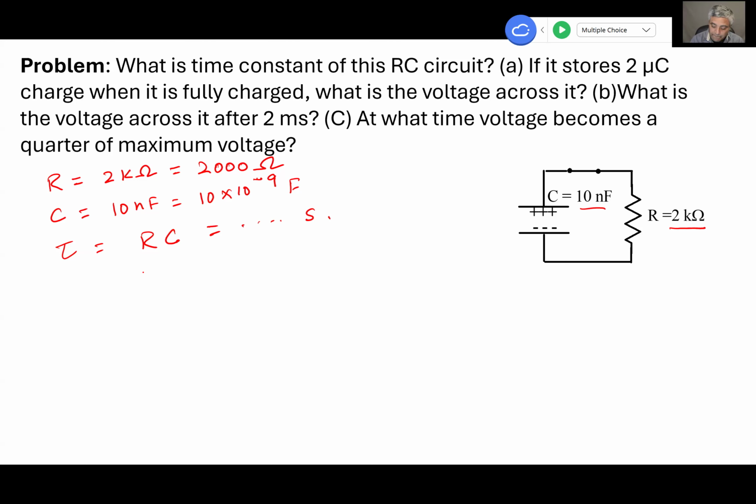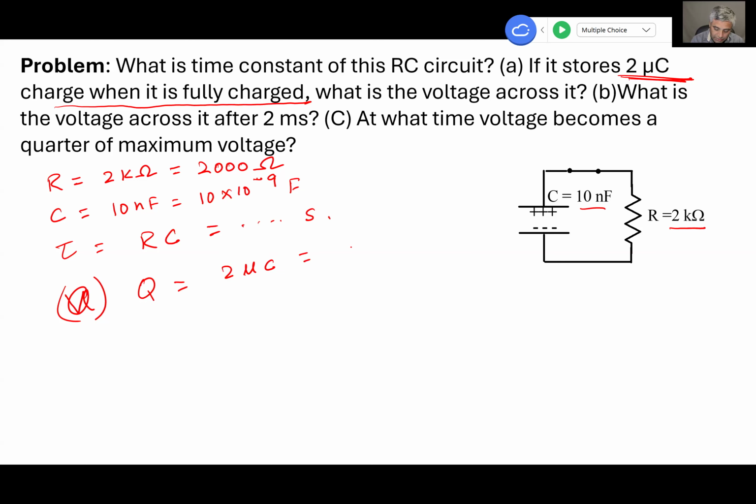If it stores 2 microcoulomb charge when it is fully charged, what is the voltage across it? So when it is fully charged, what is the voltage across it? In this case, for part A, Q is given as 2 microcoulomb.